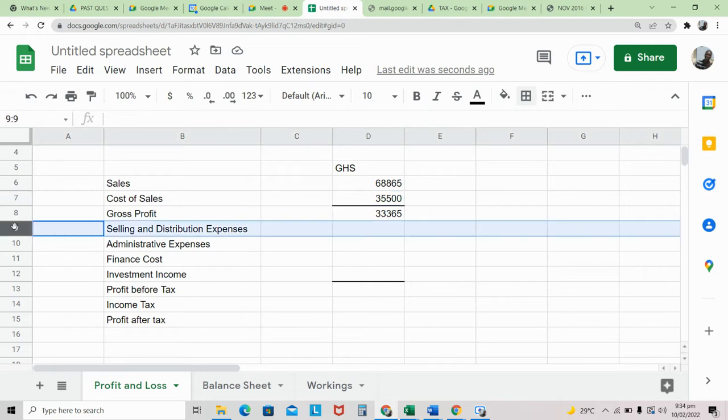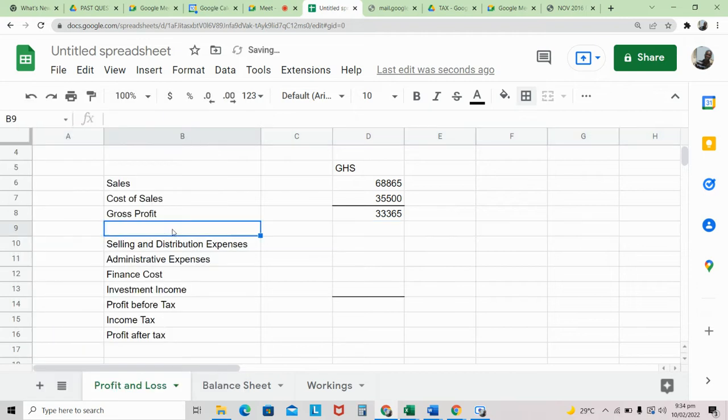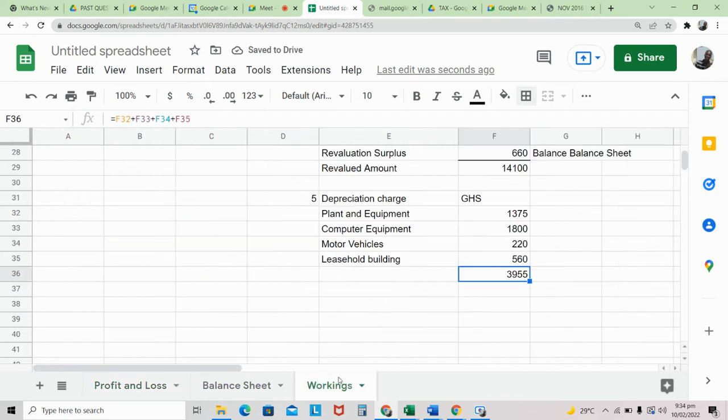So in our case, let's say we want to dedicate one item for it. So we have depreciation expenses. We can bring it here, 3955.